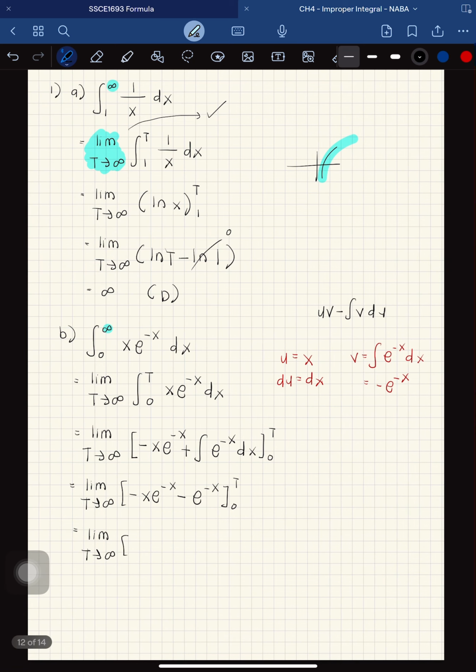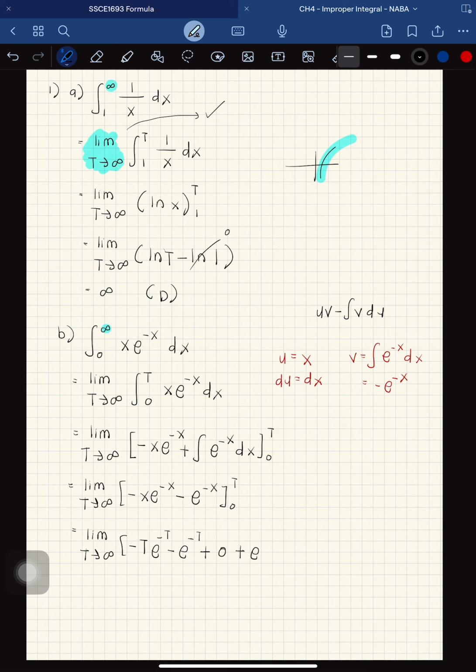So we have negative t e to the negative t minus e to the negative t, minus 0 plus e to the 0.